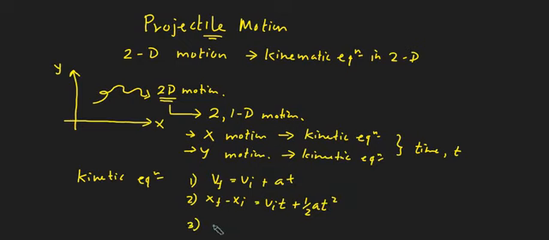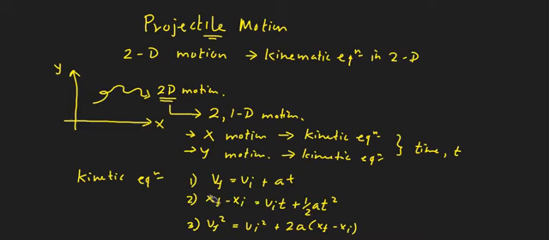And number three is final velocity squared equals initial velocity squared plus twice the acceleration multiplied by x final minus x initial. These are the kinematic equations that we are going to use.